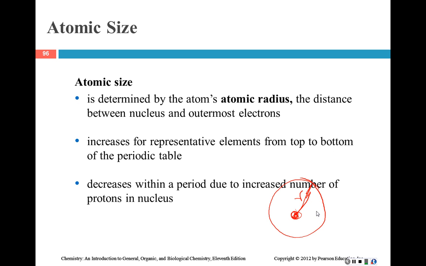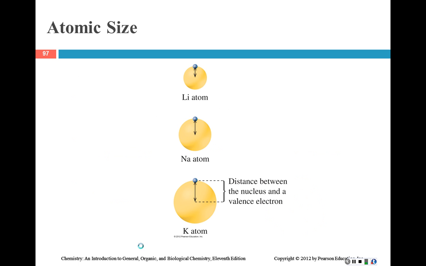This increases for the representative elements from top to bottom of the periodic table. It decreases within the period because you're increasing the number of protons in the nucleus, and what happens is that they begin to pull on those negatively charged electrons a little bit harder.